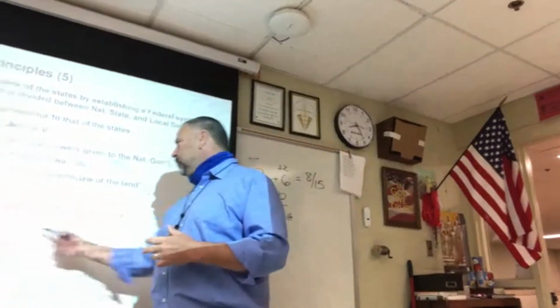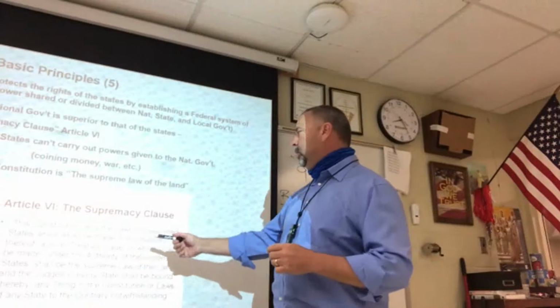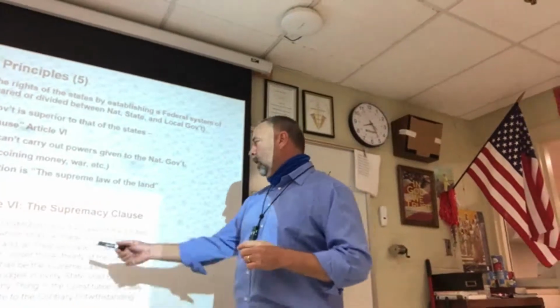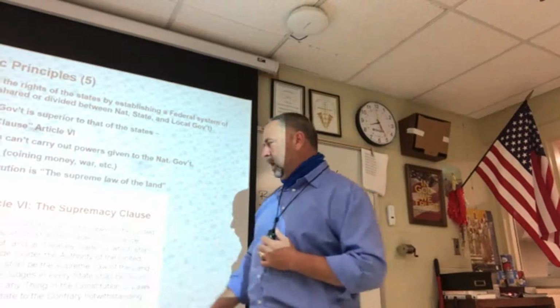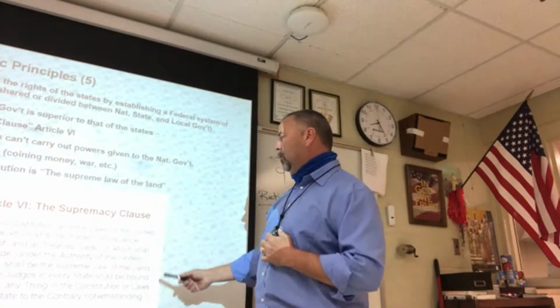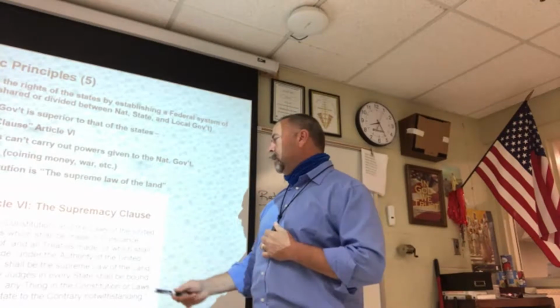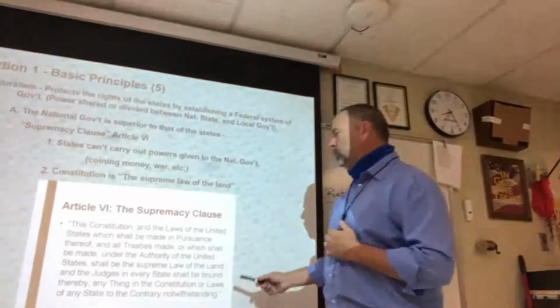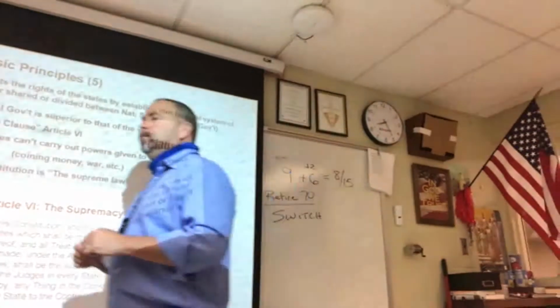So to quote Article 6, the Constitution and the laws of the United States made in pursuance thereof, and all treaties made or which shall be made under the authority of the United States shall be the supreme law of the land, and the judges in every state shall be bound thereby, anything in the Constitution or laws of any state to the contrary notwithstanding.